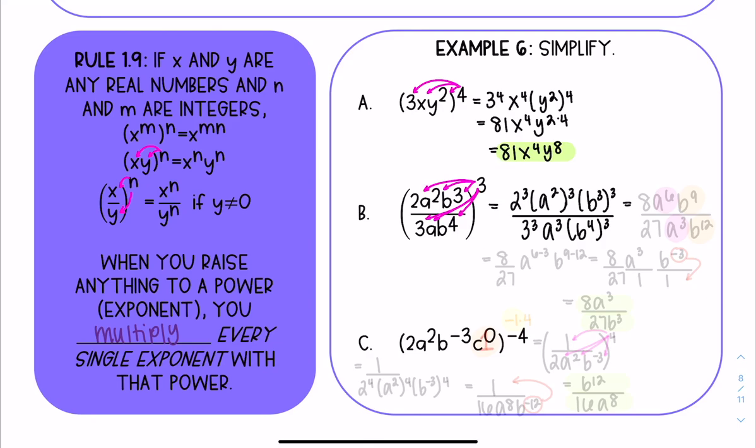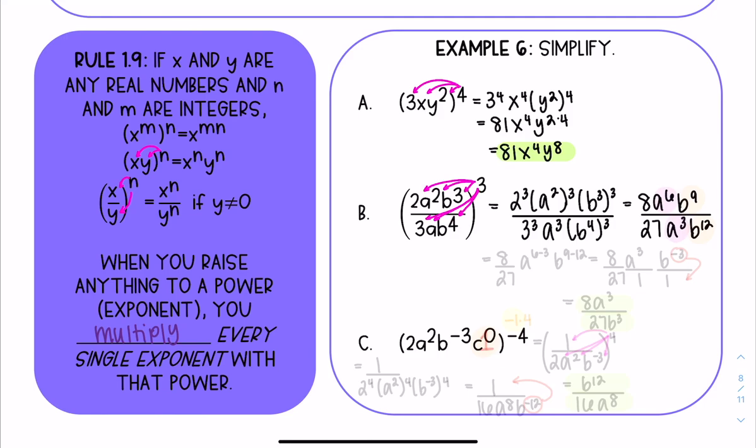We've got 2 cubed, which is 8. And then power to a power for the a gives me a to the 2 times 3, which is 6. And then b to the 9th, since we've got 3 times 3. And on the bottom, we've got 3 cubed, which is 27. A cubed. And then b to the 12th.